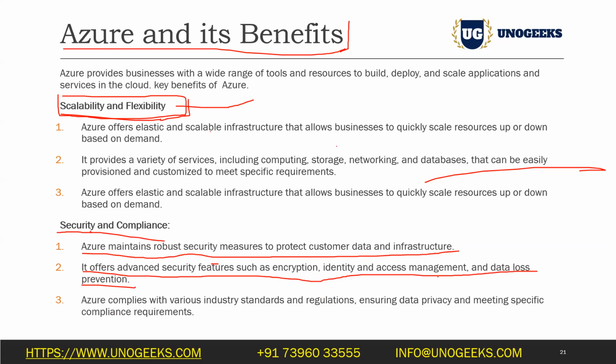Data loss prevention is an important topic where I can keep the data for 7 days, 1 month, 1 year, 10 years. So you can keep the data based on your data retention policies.